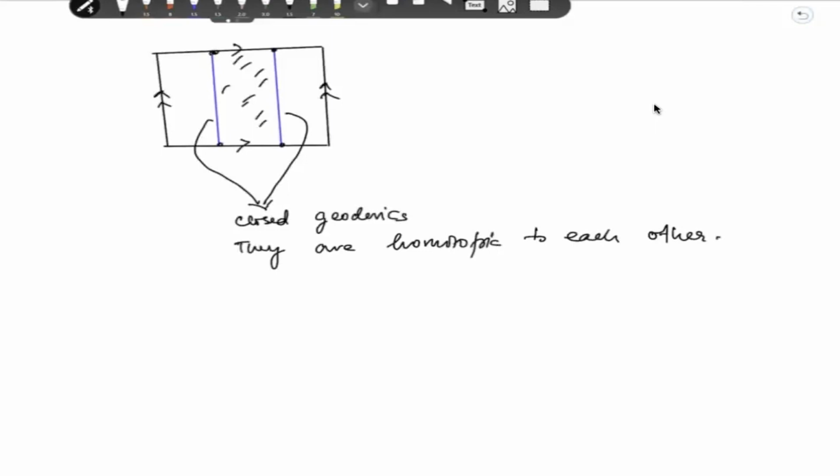Now if I take a hyperbolic surface, there also you can get closed geodesics, but in the homotopic class of a closed geodesic, you will get only that geodesic. Okay, so let me state that as a proposition.